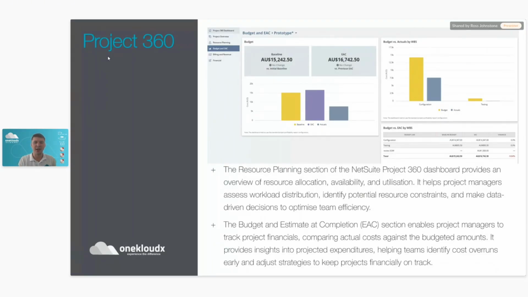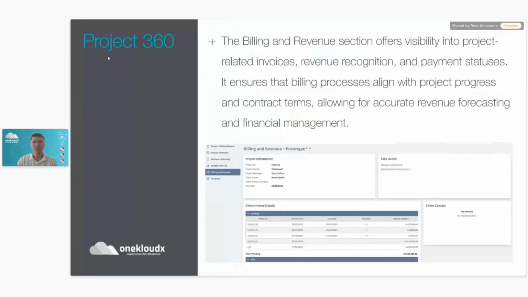whereas your budget and estimate and completion section is all focused on tracking your project financials and comparing your actual costs against the budgeted amounts. The billing and revenue section offers visibility into project-related invoices, as well as your revenue recognition and your payment statuses.